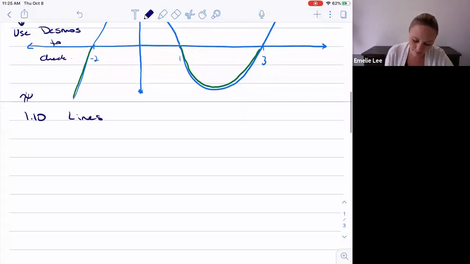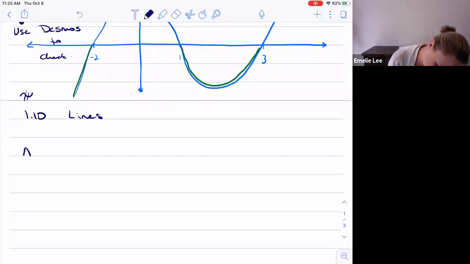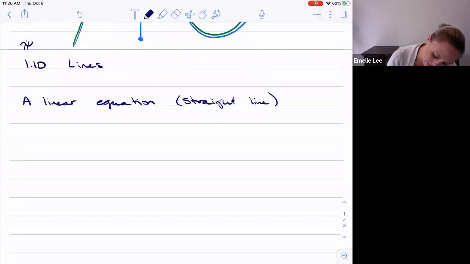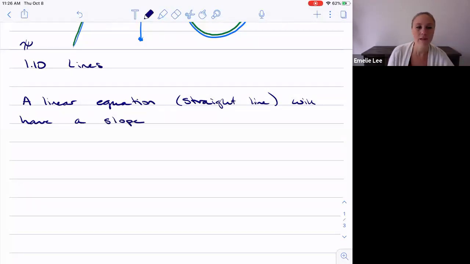So a linear equation, or a straight line, will have a slope. Yeah?